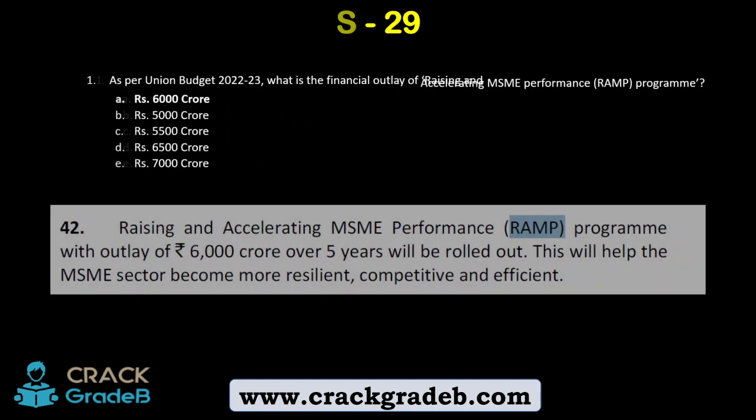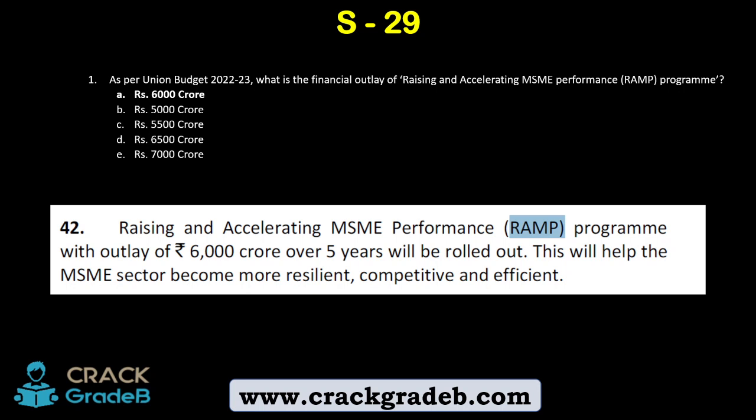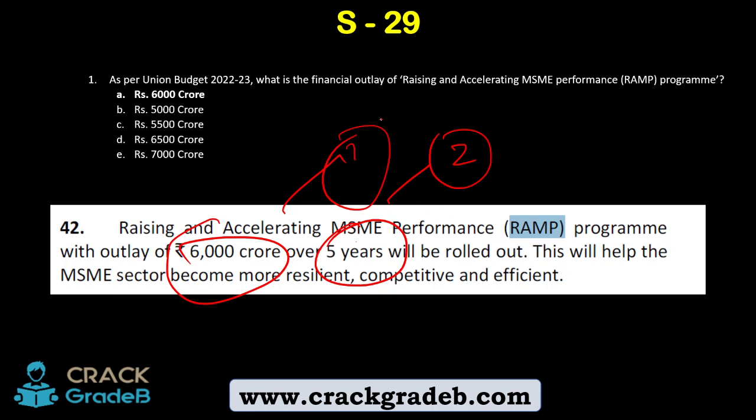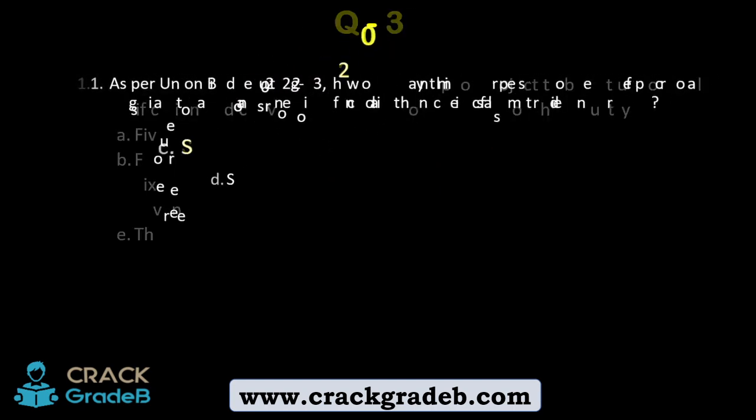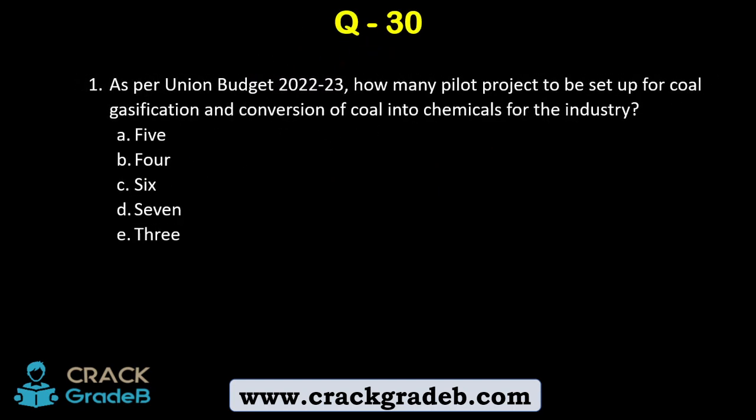Correct answer is 6,000 crore over the next 5 years, right? So there are two pieces of information that you are learning here. Let's move forward with question number 30.